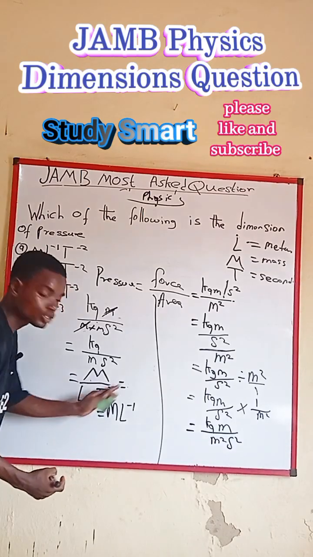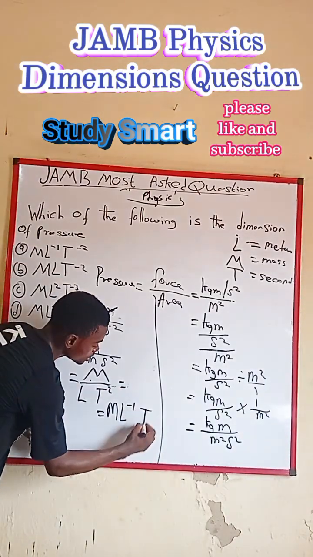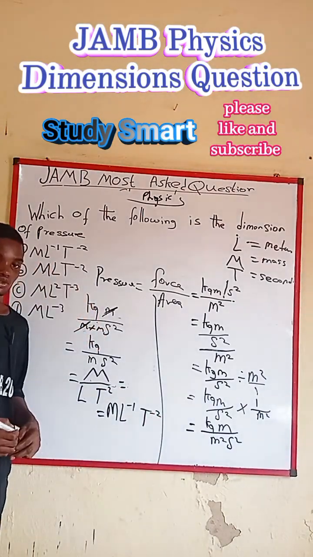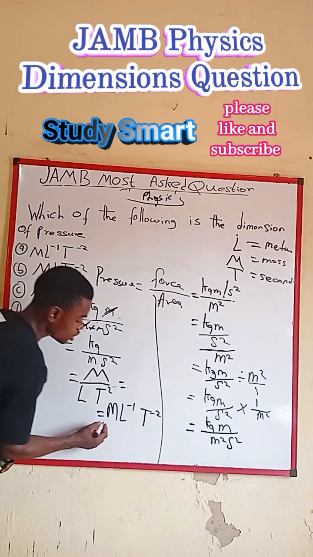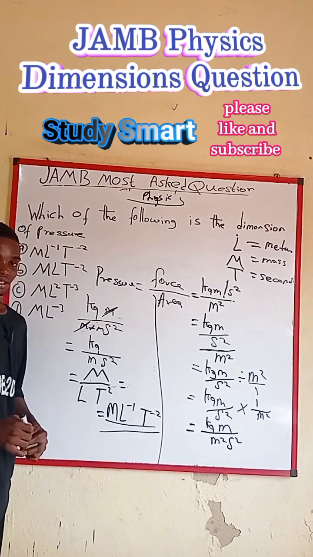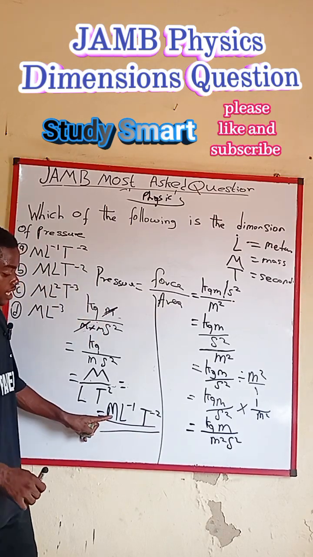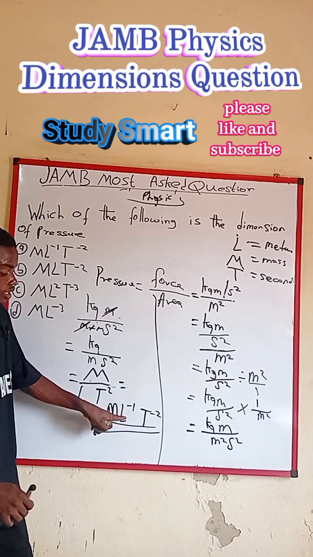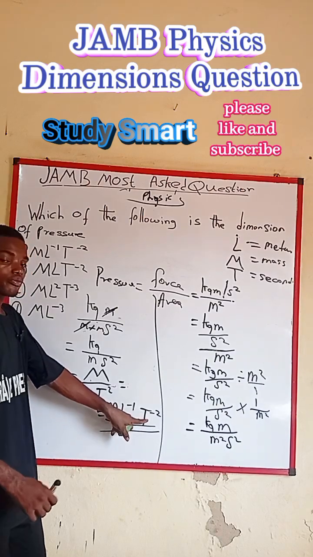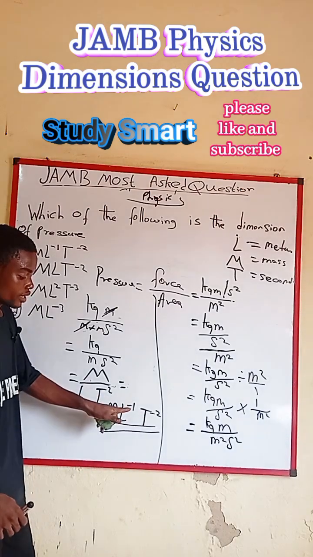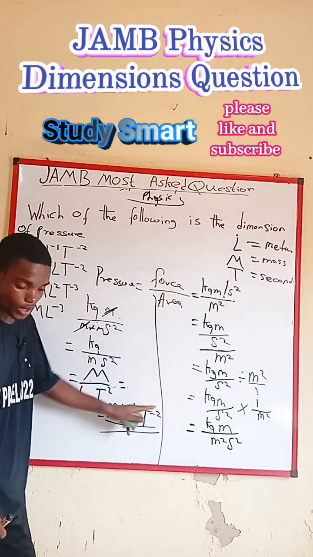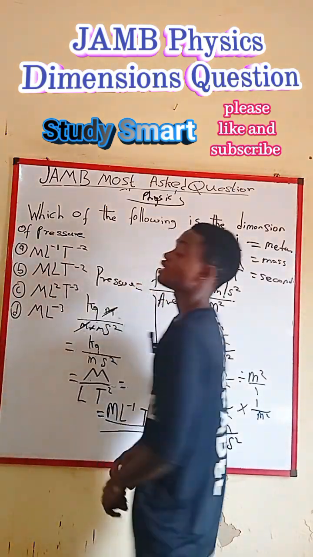And again, T is going to come up to give me T negative square. I get it. So this is what we have arrived at. So I can now read this as: what is M? Mass per length per time square. Mass per length per time square. That is our dimension.